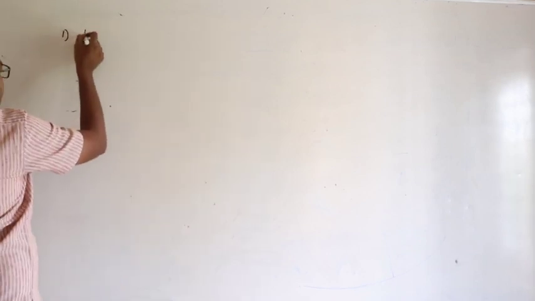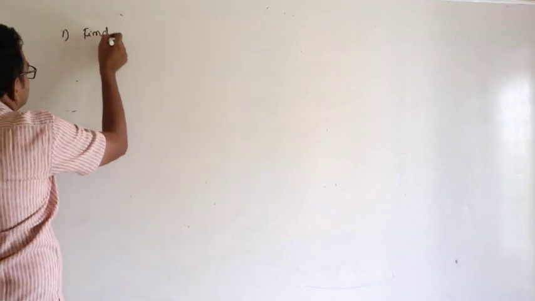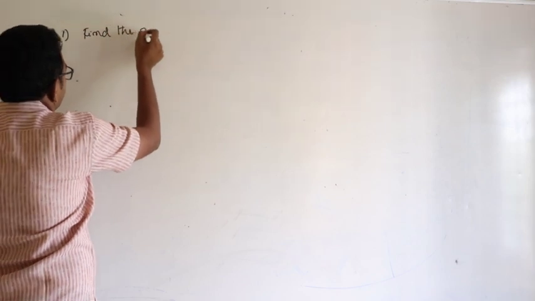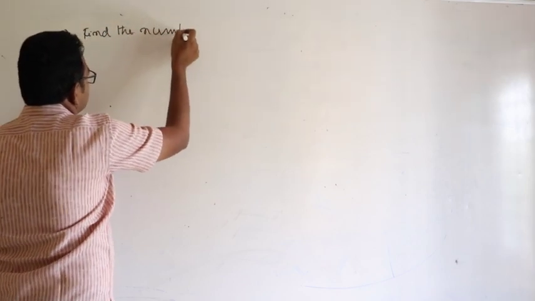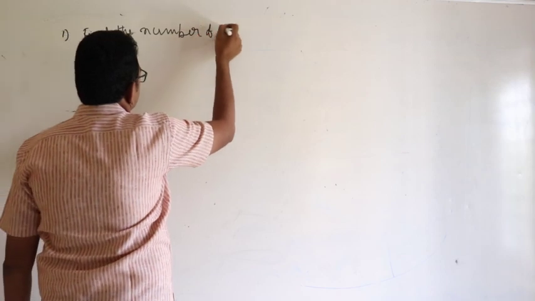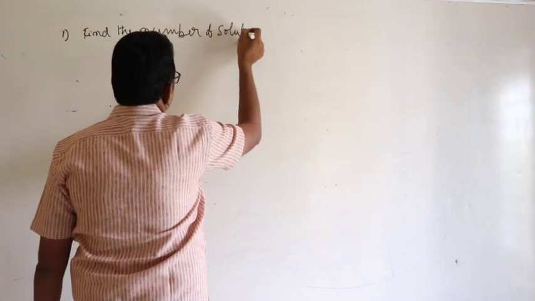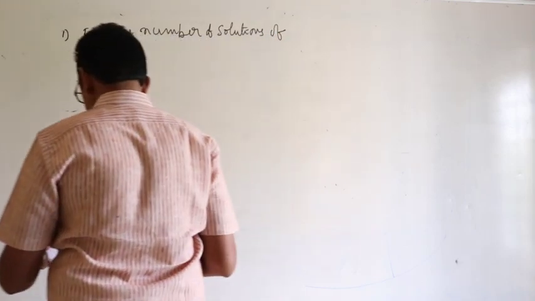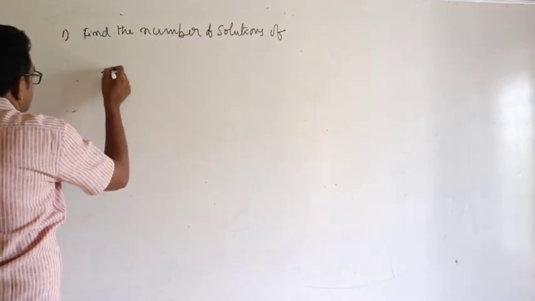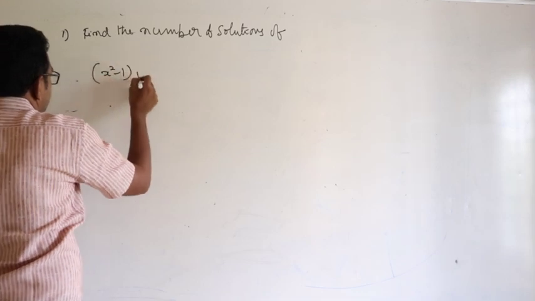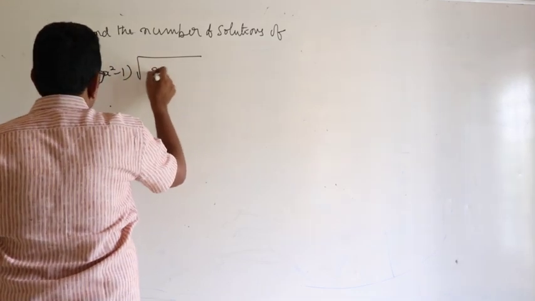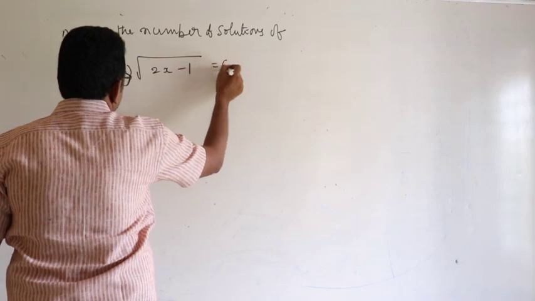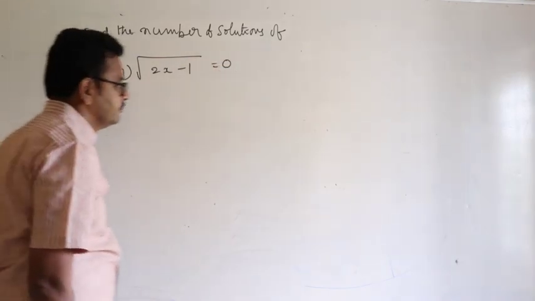One problem: find the number of solutions of x square minus 1 into root of 2x minus 1 is equal to 0.